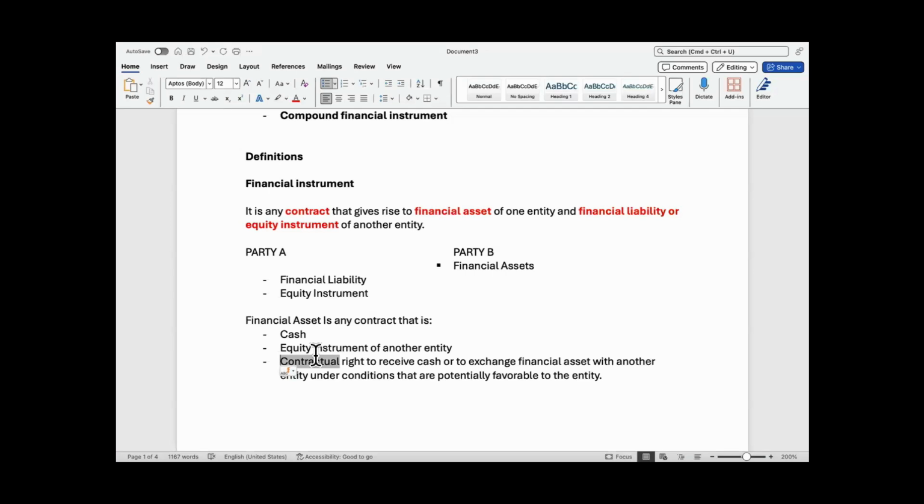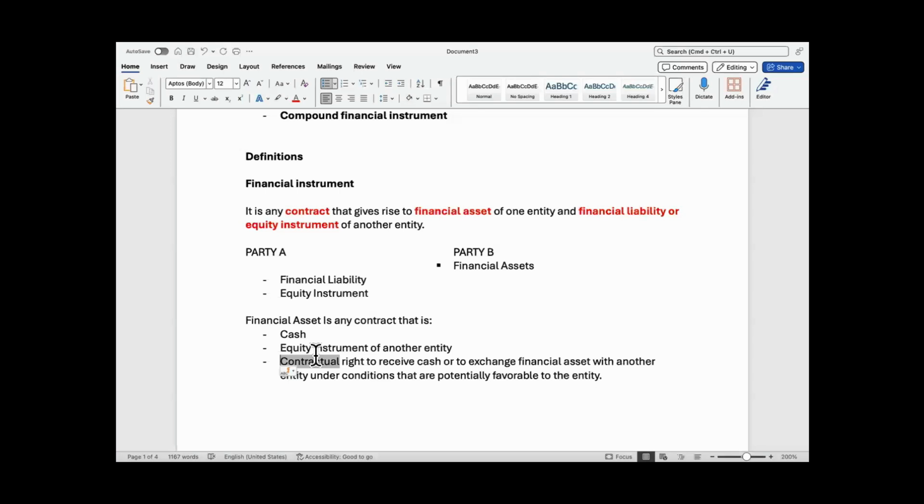Contractual right to receive cash means that you don't have to even lift a finger for that money to come, because you have done the hard work in the past. The money has to come. You have a contractual right to receive that money. That money must come to you at a specified date. Otherwise, that counterparty will be in trouble. When you have contractual right to receive cash, the person must pay you.